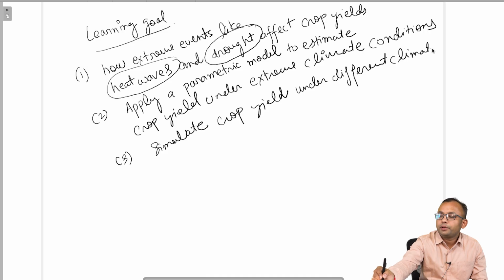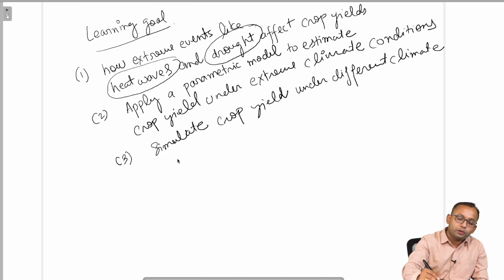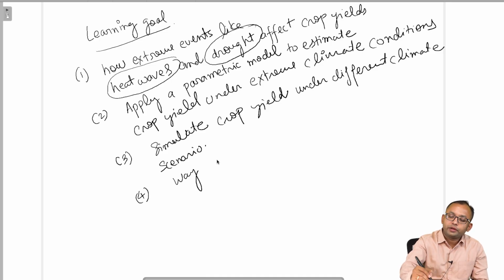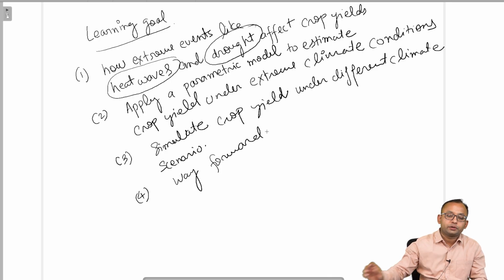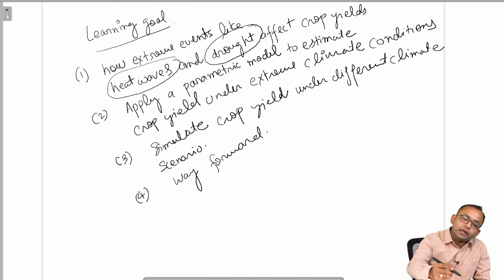If you know the parameter values, we would be able to do that for different scenarios as well. The fourth is the way forward: how we can make more sophisticated equations so that we can reduce the uncertainty which is there. So these are the learning goals.